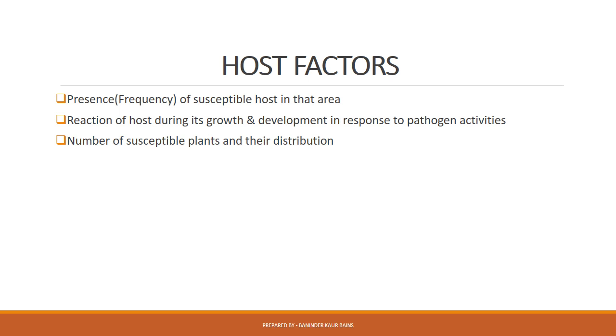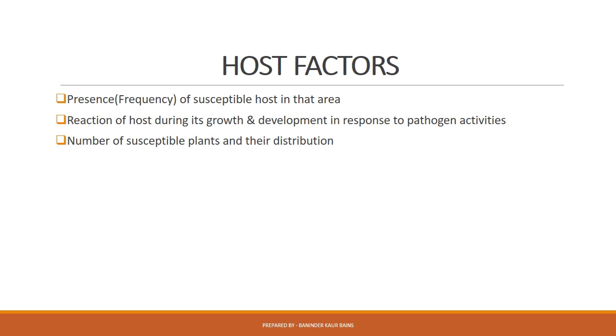If they cultivate one crop again and again, then it is most likely that the disease will appear. So what is the prevalence of that susceptible host, the plant in which that disease is caused, in the area for which we are doing the forecast? When we do a disease forecast, we do it for a particular area.